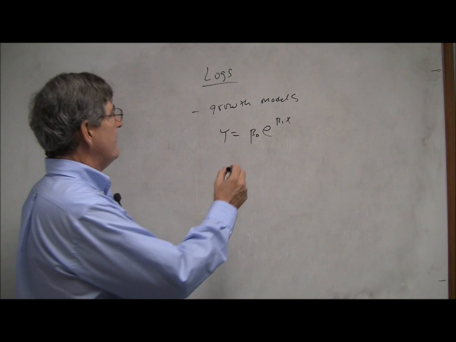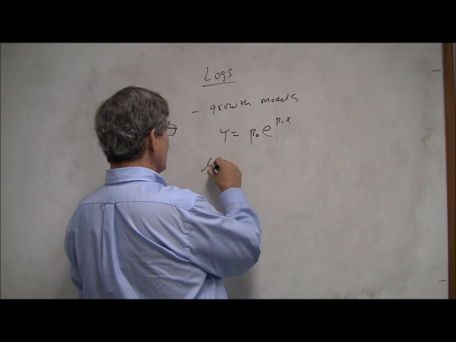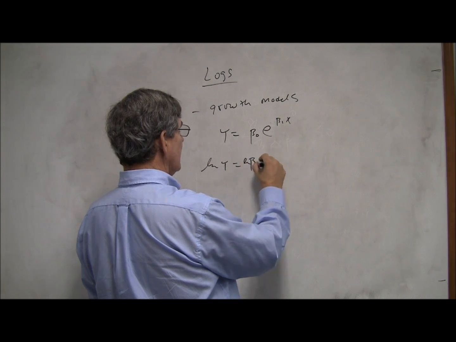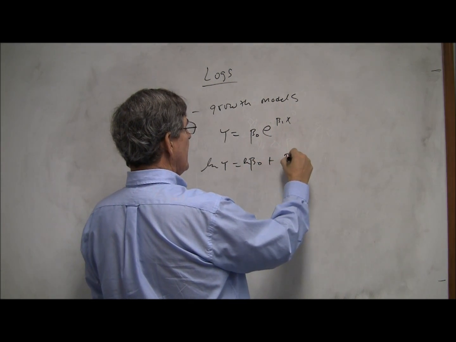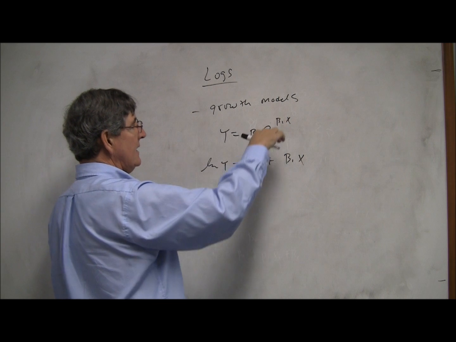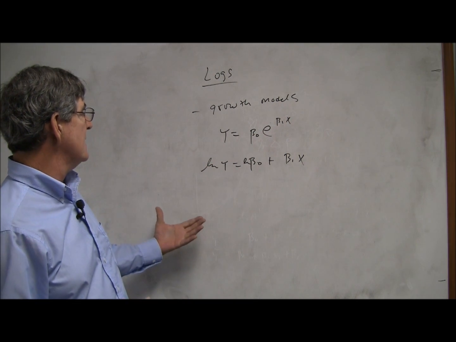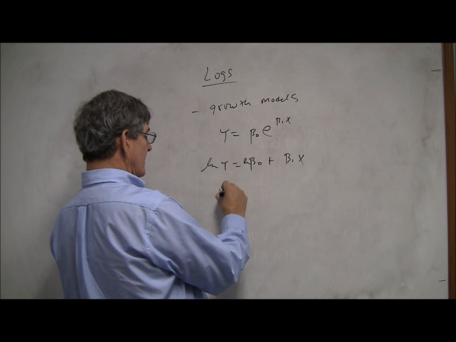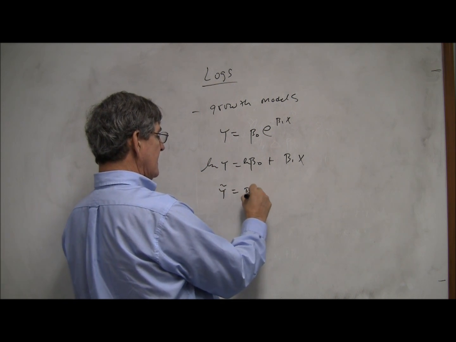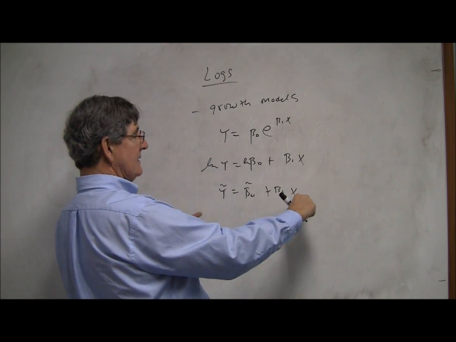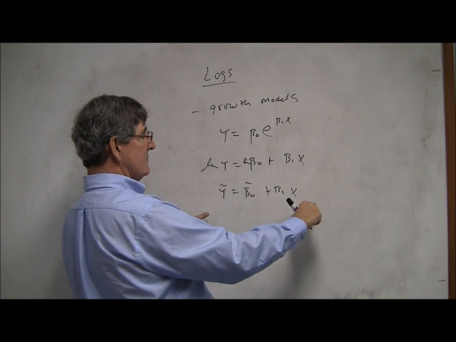And if you want to estimate this, what you can do is say, well, the log of y is the log of beta 0 plus beta 1 x, because the log and e are inverse functions. If I just call this, again, y tilde is beta naught tilde plus beta 1 x, I can estimate this with standard sorts of techniques.